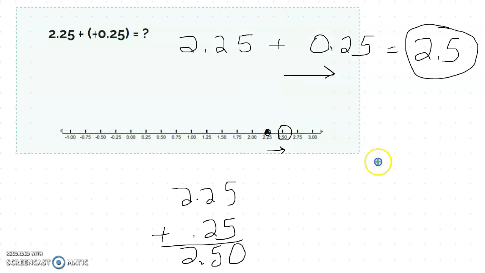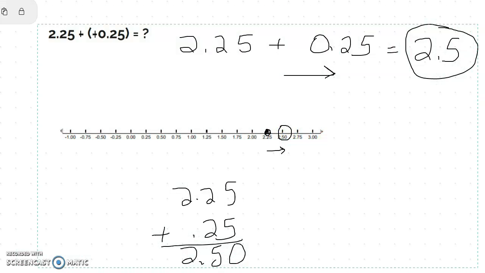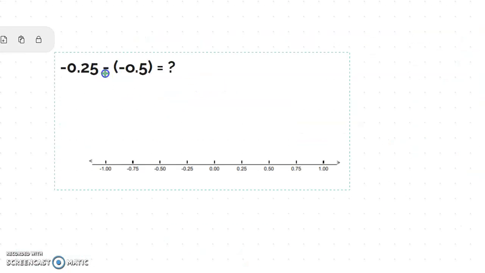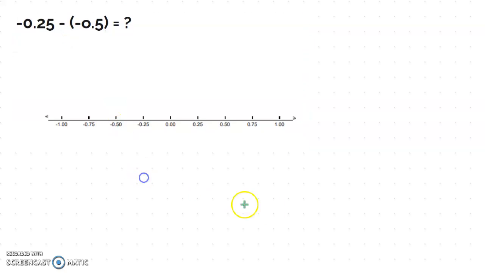Let's look at one more. Negative 0.25 minus negative 0.5. Okay, I'm going to rewrite it as an addition problem. -0.25 plus positive 0.5.